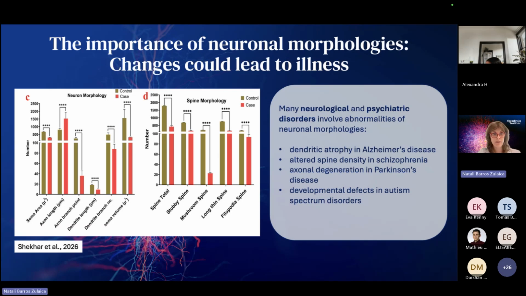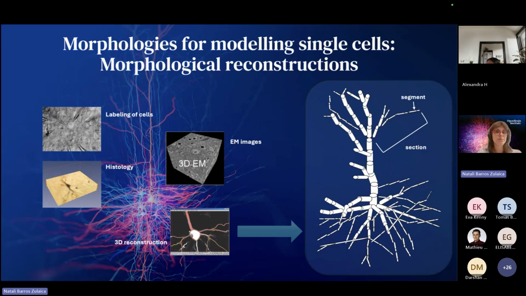So now that I think it's settled that morphological reconstructions are important for the people who study the brain, I'm going to tell you, very broadly and briefly, how we can get this data. The process goes more or less like this.